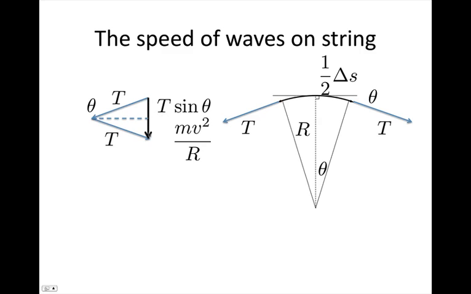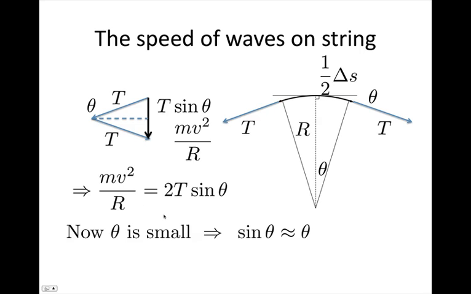So the length of this resultant force is 2T sine theta. So that's why we've got this 2T sine theta here. And here is our centripetal acceleration. Now we're going to make the small angle approximation. If theta is small, then sine theta is approximately theta, so we can replace this sine theta here with theta. That's what we've done here. Now what we need to do is work out this mass here.